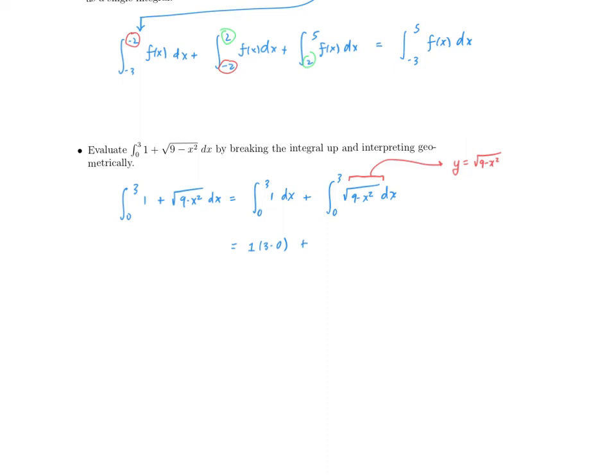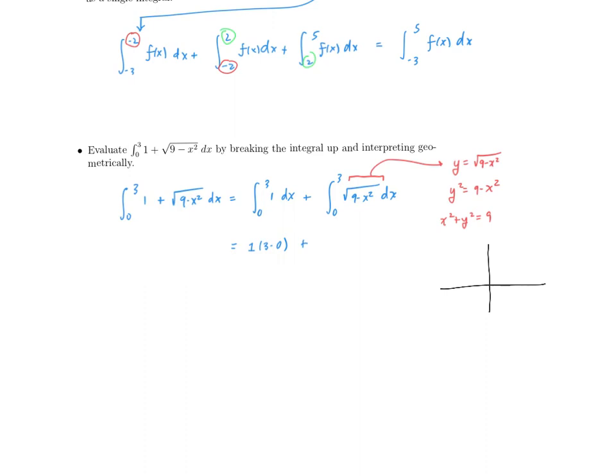Well, one thing we can note is if you square both sides and then add x squared to both sides, that would graphically be the equation of a circle with radius 3 centered at the origin. But note, we started off with just positive y values, so this is really the top half of that circle of radius 3 centered at the origin.